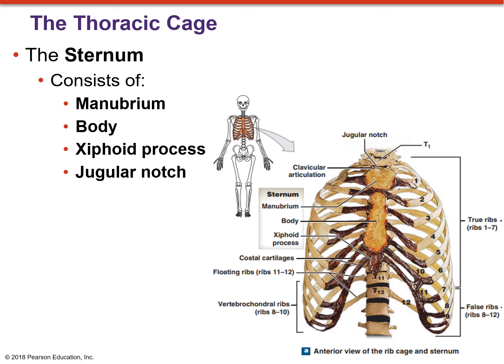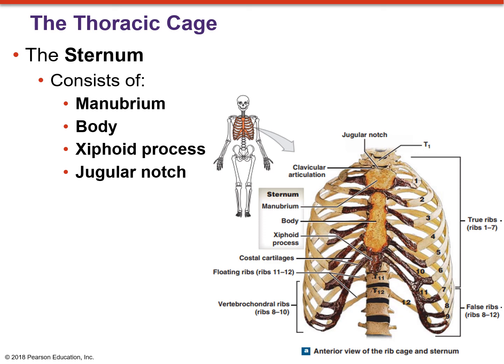The manubrium is going to articulate with the clavicles, or collarbones, of the appendicular skeleton and the costal cartilages of the first pair of ribs. The manubrium is the widest and most superior portion of the sternum.